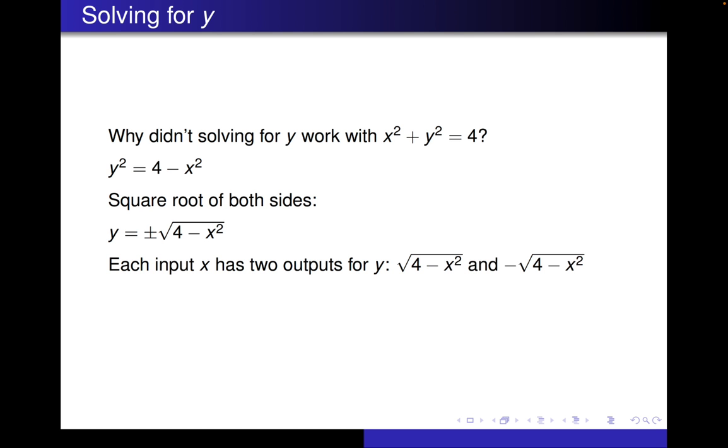The two possible outputs are either the positive square root of 4 minus x squared or the negative square root of 4 minus x squared, which we actually saw when we were looking at the example earlier for x equals 1. So since we can't solve uniquely for y, that tells us that x squared plus y squared equals 4, while it's a perfectly good relation, is not a function.